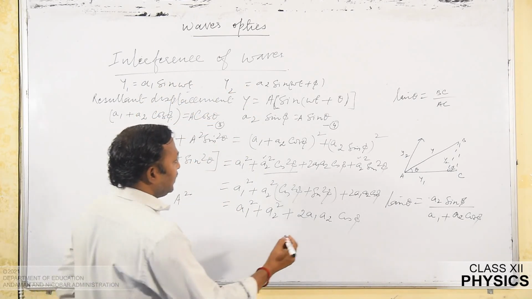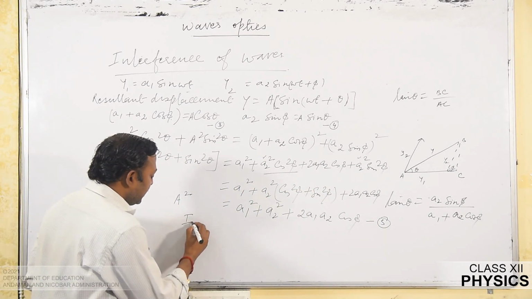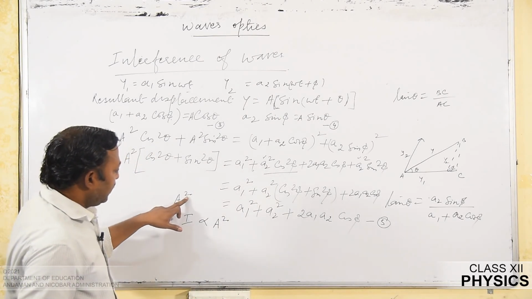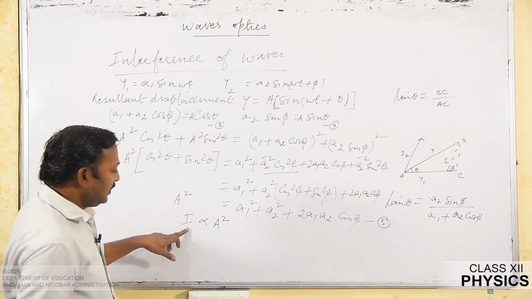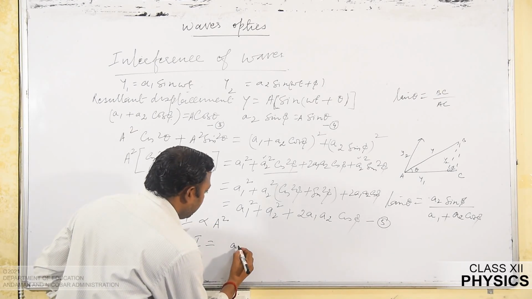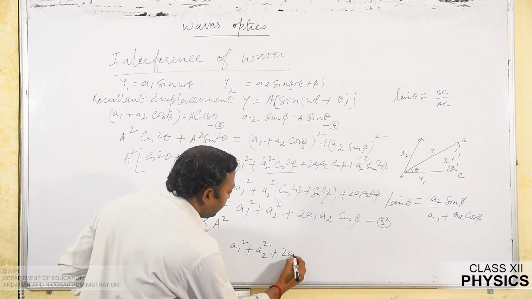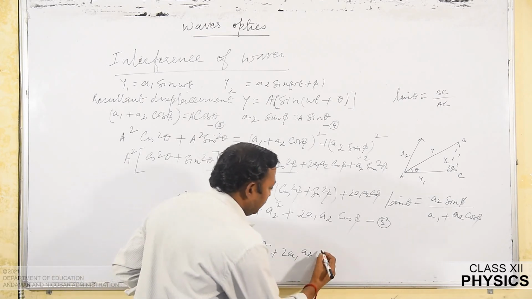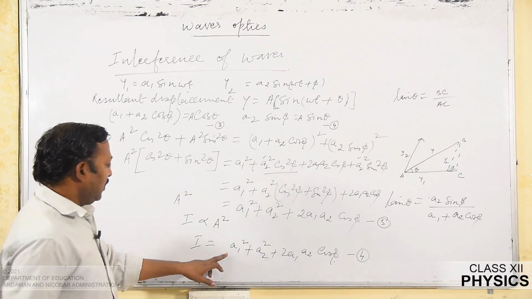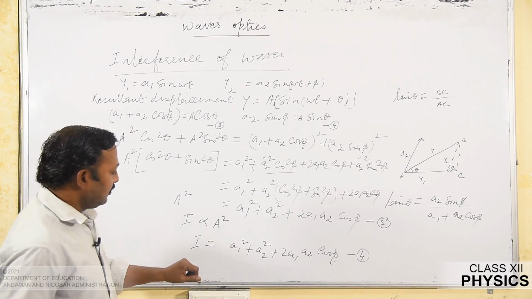Let this be equation 5. Now we know that intensity is proportional to a square. So here a square can be taken as I. So I will be equal to a1 square plus a2 square plus 2 a1 a2 cos phi. Let this be equation 6. Now as I told you that I is proportional to a square, therefore a1 square can also be written as I1.